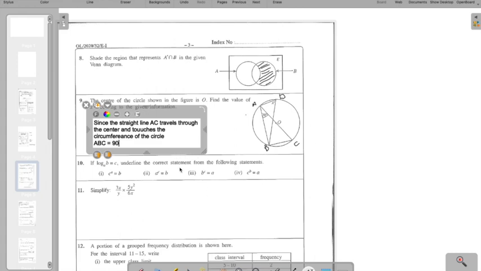ABC equals 90 degrees. So therefore, you have to understand that if this is 90 degrees, this will be 60. I will put the calculation here, right?